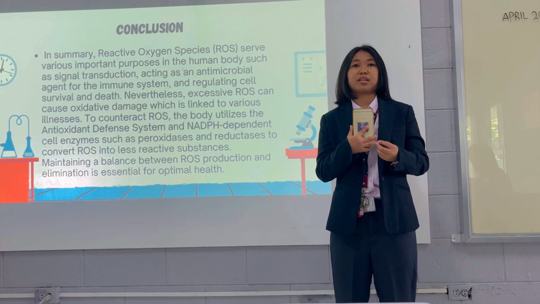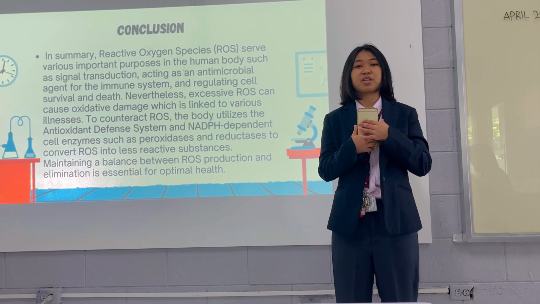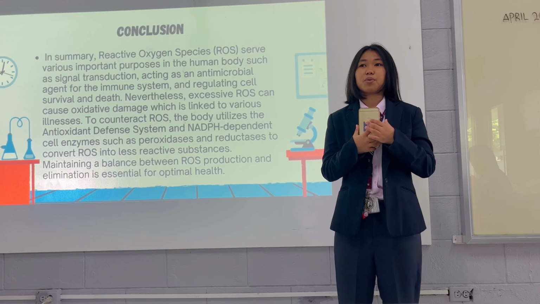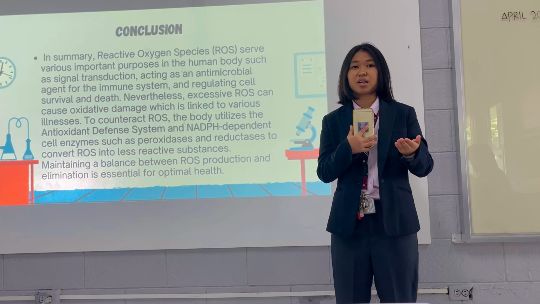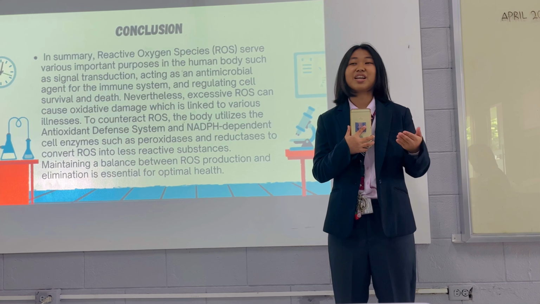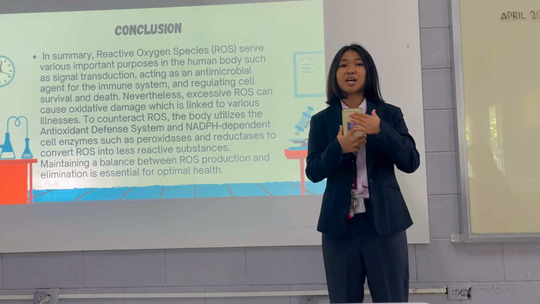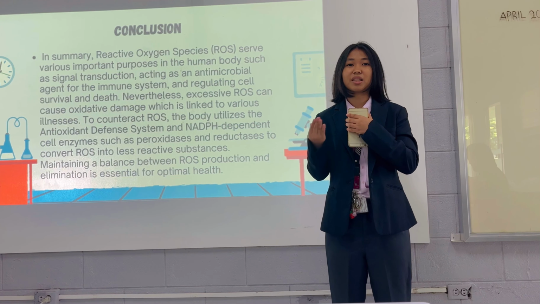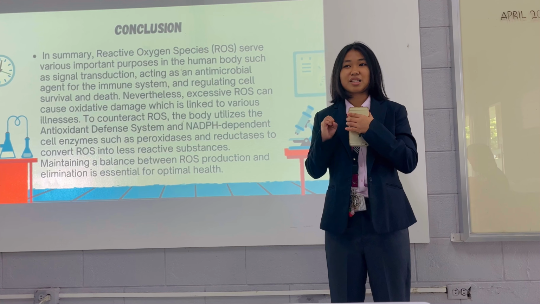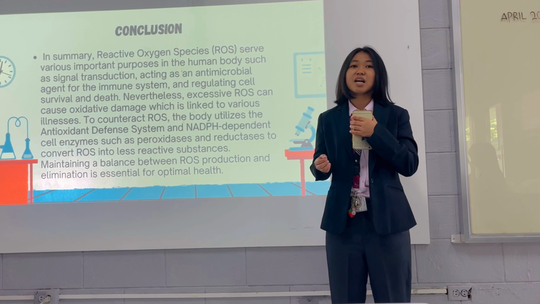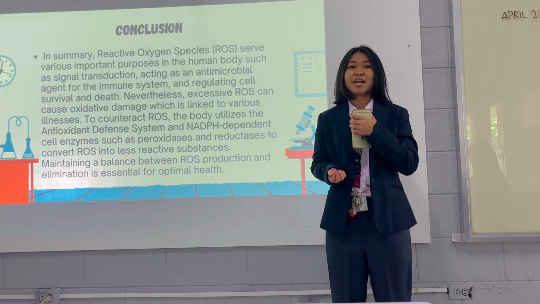But high levels or an imbalance of ROS in our body will cause damage. So it has a good use because it's really needed in our body, but too much of it will cause harm because of cell breakdown and will cause diseases such as what I said earlier: cardiovascular disease, neurodegenerative diseases, and cancer.